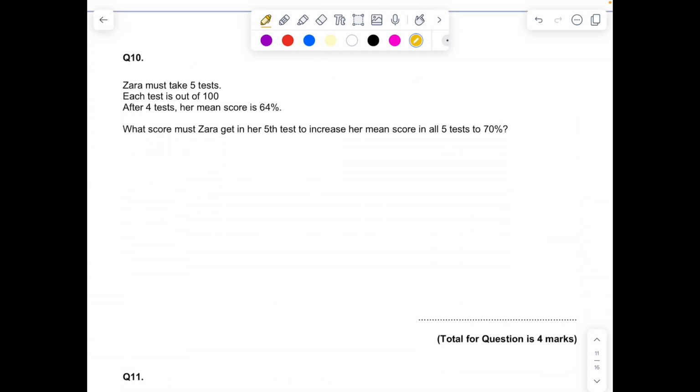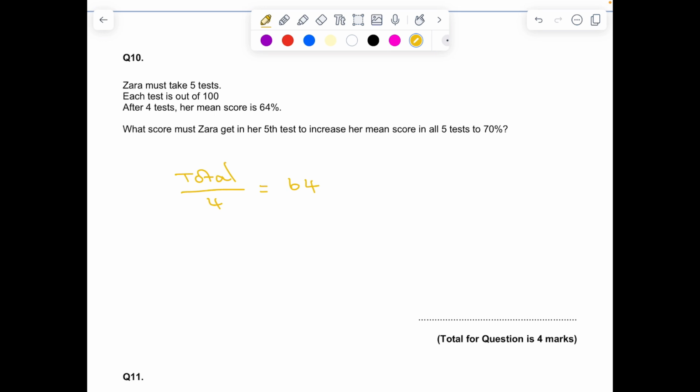Okay, question 10. So Zara must take 5 tests. Each test is out of 100. After 4 tests, her mean score is 64%. So we know that whatever the total of her 4 tests were, if we divide by 4, so remember the mean is add all the scores up and divide by how many, we know that gave her 64.